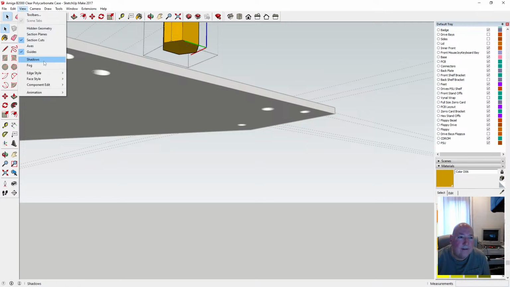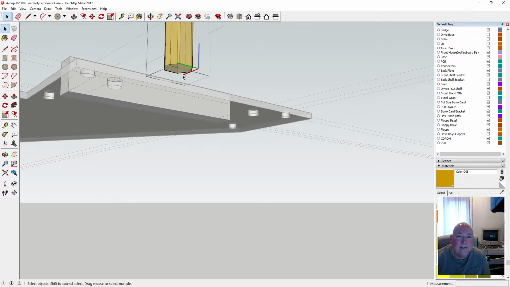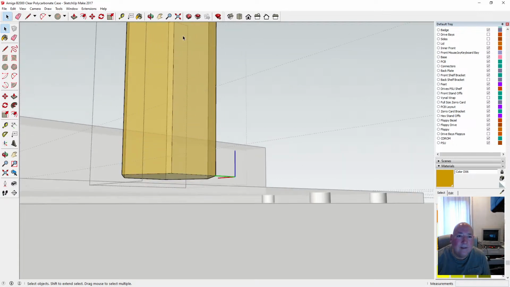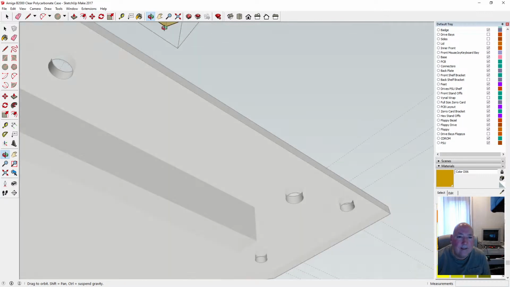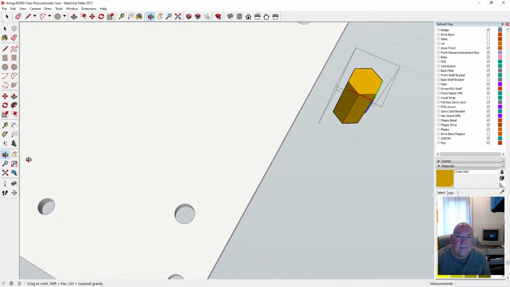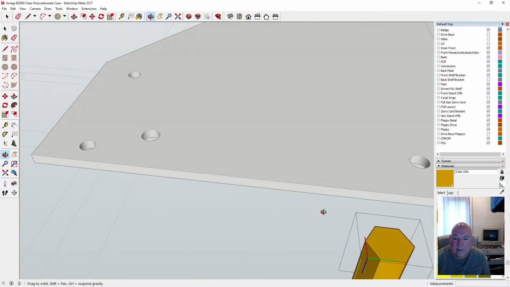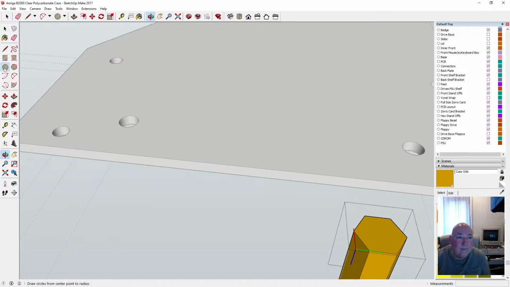Let's have a look at it in 3D, make sure there's nothing in the way. No, there's nothing in the way. So we can just go ahead and put our hole on it. We make it the right size, it helps it snap into place.